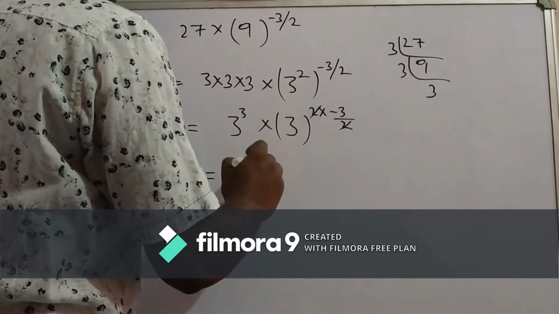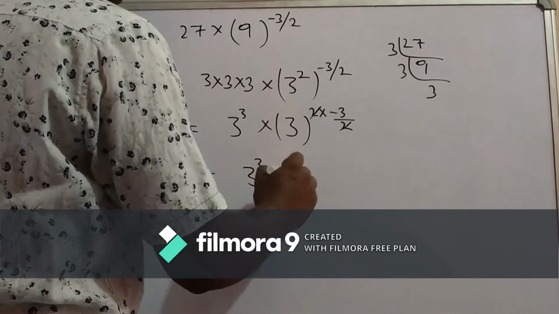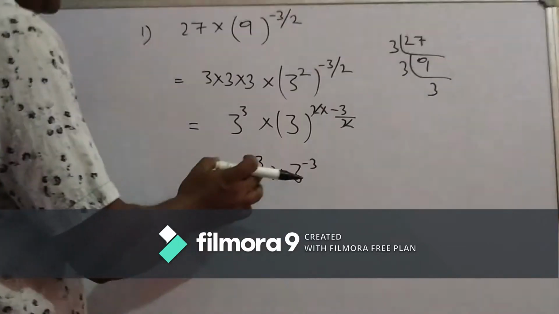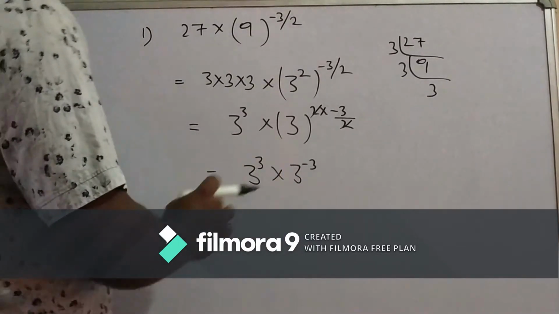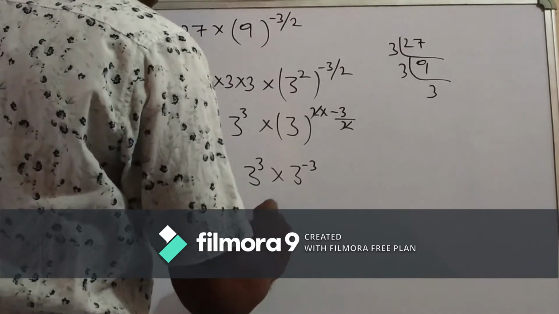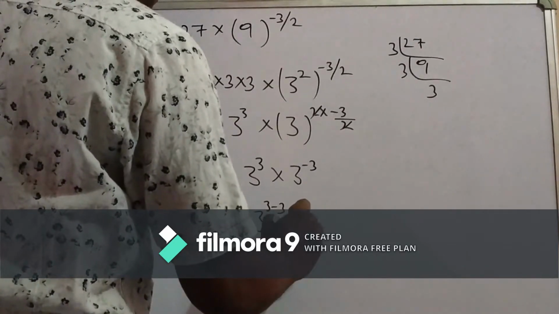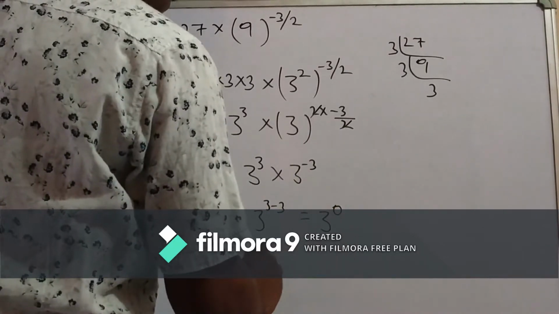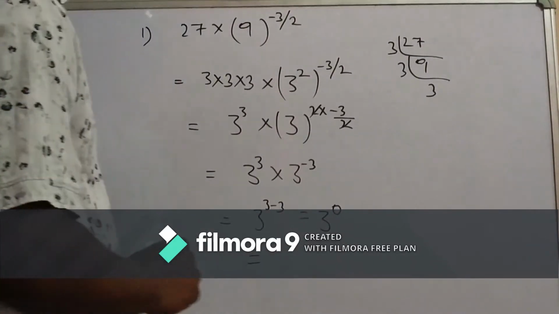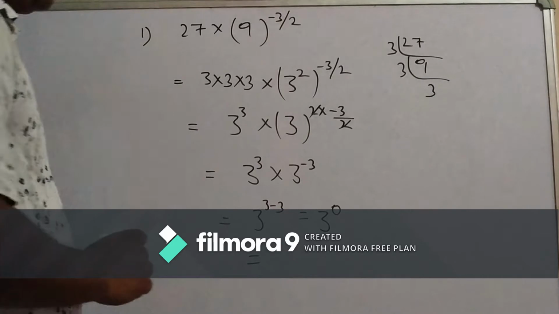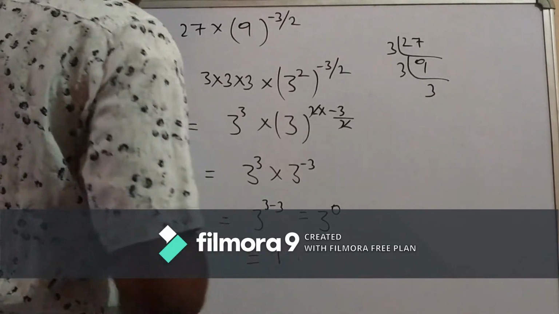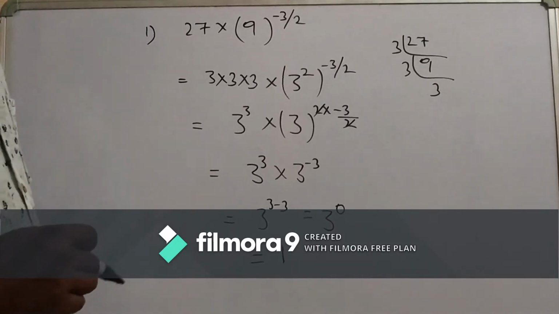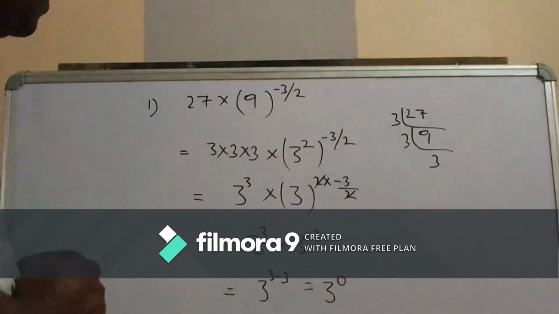So 3 to the power 3 into 3 to the power minus 3. Now I have told you in the formula, if it is multiplied, the power should be added. So 3 to the power 3 minus 3. 3 minus 3 is 0. 3 to the power 0, if power is 0, as I have told you in the formula, it becomes 1. So the answer is 1. Understood? Now I come to another question.